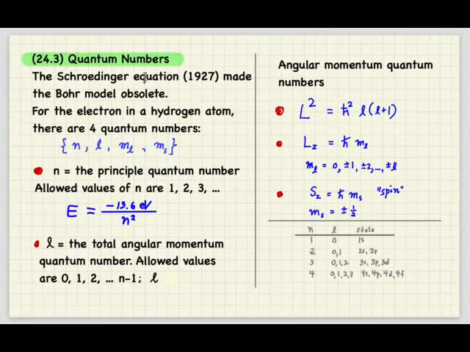However, the Schrodinger equation, developed in 1927, made the Bohr model obsolete. In fact, the Bohr model really was never successful for anything except hydrogen or one-electron ions, whereas the Schrodinger equation could be applied to atoms with multiple electrons.